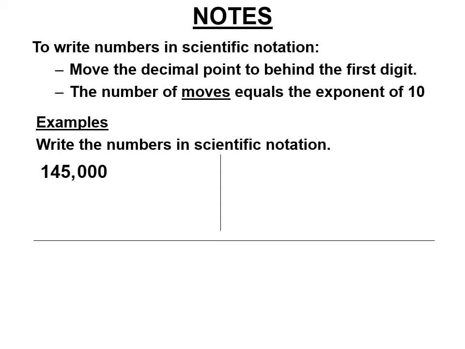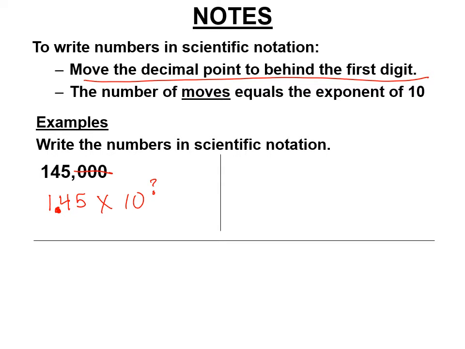Okay, so first of all, be able to say that number. That's 145,000. So the whole point of this is to be able to not write those zeros. So we're going to write the non-zero numbers, and we're going to move the decimal point behind the first digit. So we're going to write 1.45. It's always times 10. Now what we have to do is figure out the exponent here.